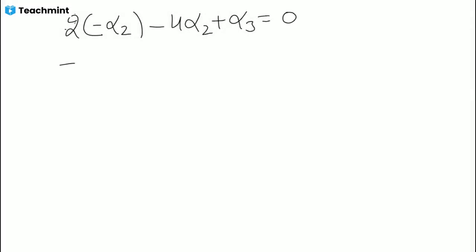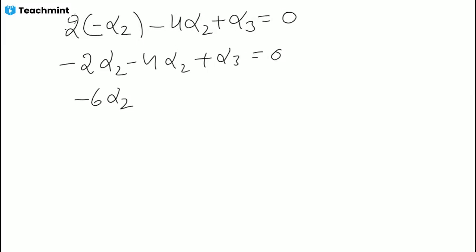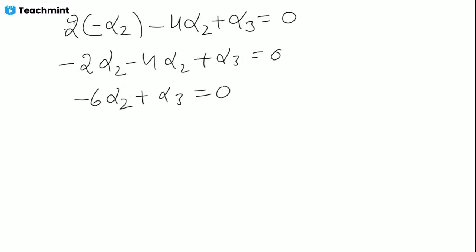So here we have minus 2 alpha 2 minus 4 alpha 2 plus alpha 3 is equal to 0, and minus 6 alpha 2 plus alpha 3 is equal to 0, and alpha 3 is equal to 6 times alpha 2.